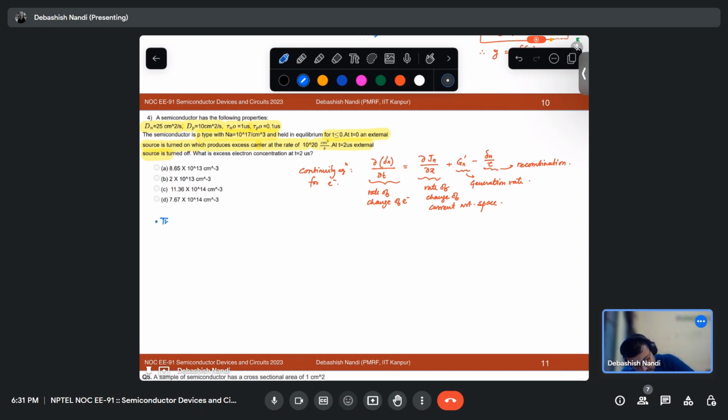There are 5 golden equations in semiconductor devices and circuits. Okay, 5 golden equations. If you know these and whatever you have read till now, you can understand everything. Okay, so what are these?